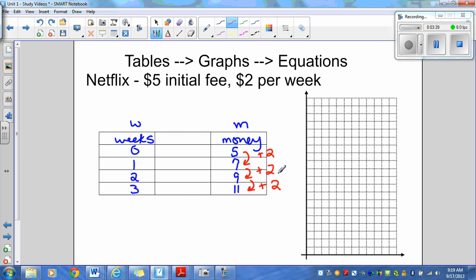Okay, so then your equation, you start out with that $5, and then you add 2 times the number of weeks. And that is what M equals.